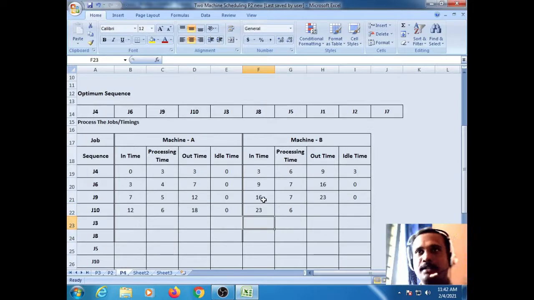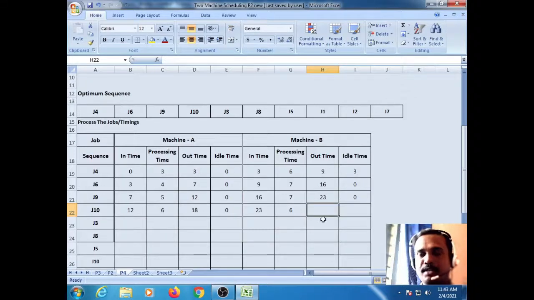We will get the in time. Okay, after 23rd hour the machine B is ready to process the next job. Very simple. Even though the job is ready at 18th hour, it is possible at 23rd hour to process the job on machine B.